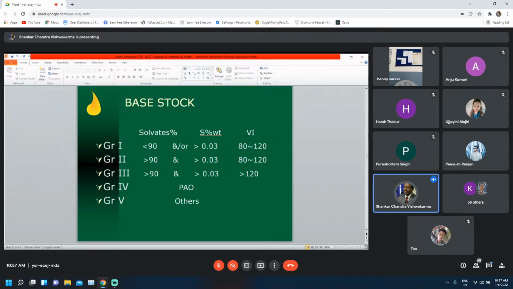You can see the saturates percentage in group 1 is less than 90%, the sulfur content is more than 0.03%, and the viscosity index is 80 to 120. Whereas in group 2, it is more than 90% saturates, and the sulfur content, sorry, has to be less than 0.03%, and the viscosity index is 80 to 120.